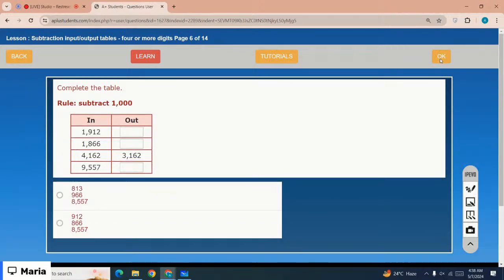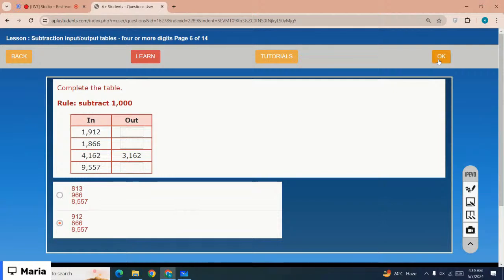Complete the table. Subtract 1000. Which is the correct option? Option number 2 is the correct option, right?